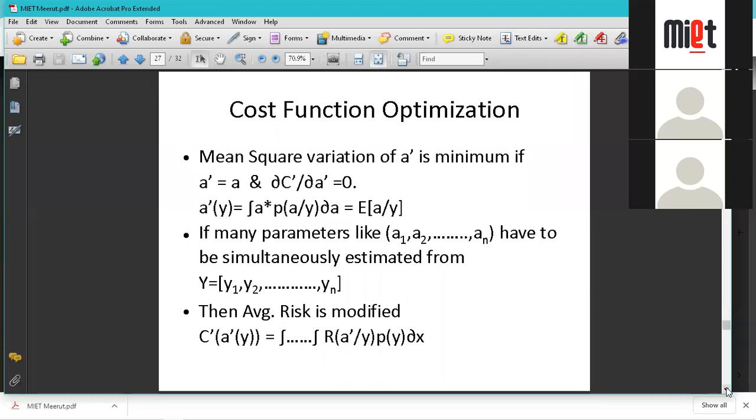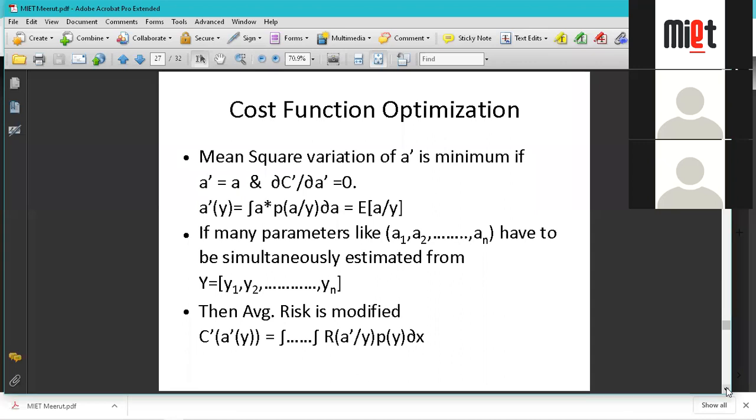So this is how we optimize the cost function. We notice the mean square variation of A dash, which will be minimum at del C by del A dash equal to 0, because this is the way to find the minima of the function.